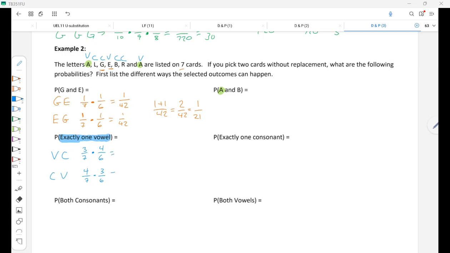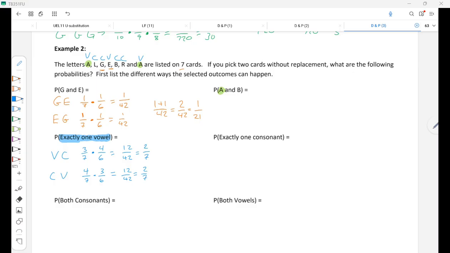Either way, they both end up being 12 for the numerator and 42 in the denominator. I can simplify now if I want. I'll get the same result. That's going to be 2 sevenths, yeah, 2 out of 7.